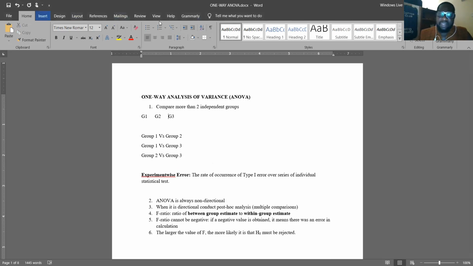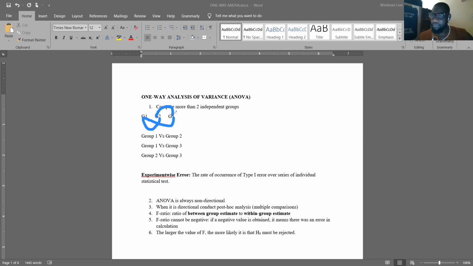ANOVA analyzes it in such a way that it will compare the difference existing between Group 1 and Group 2 separately. Then we'll also compare the difference between Group 1 and Group 3 separately. Then we'll compare the difference between Group 2 and Group 3 separately. So when you have three groups that are different, you will generate three comparisons out of it.